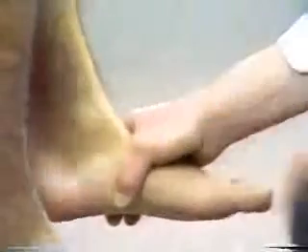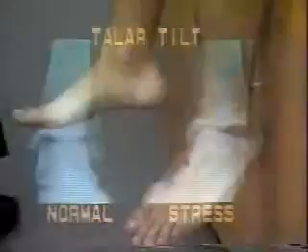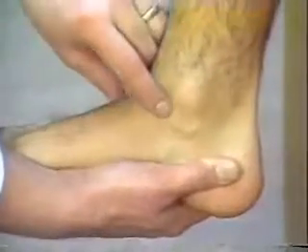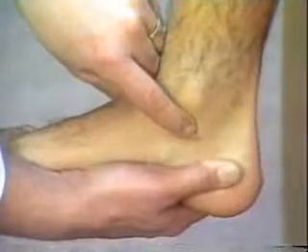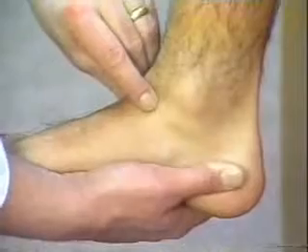Both the anterior drawer test and the talar tilt test should be confirmed radiologically if thought to be present clinically. To test medial instability, which is much less common, the examiner applies an eversion stress to the junction of the mid and hind foot and carefully palpates the medial aspect of the ankle joint for gaping or widening.